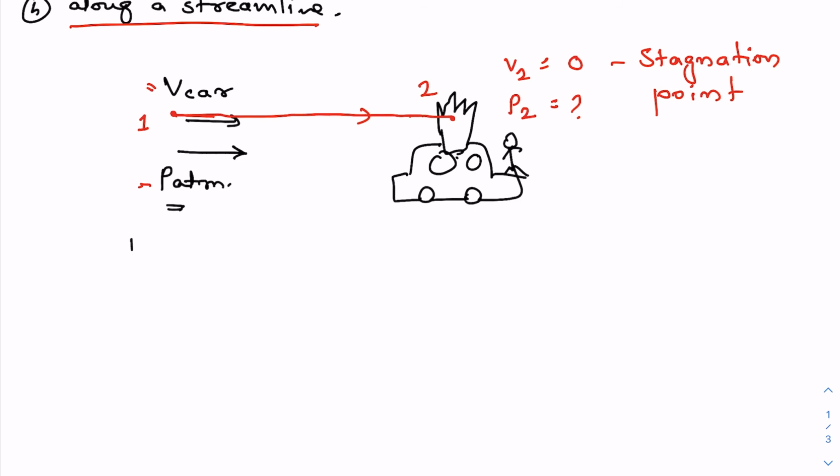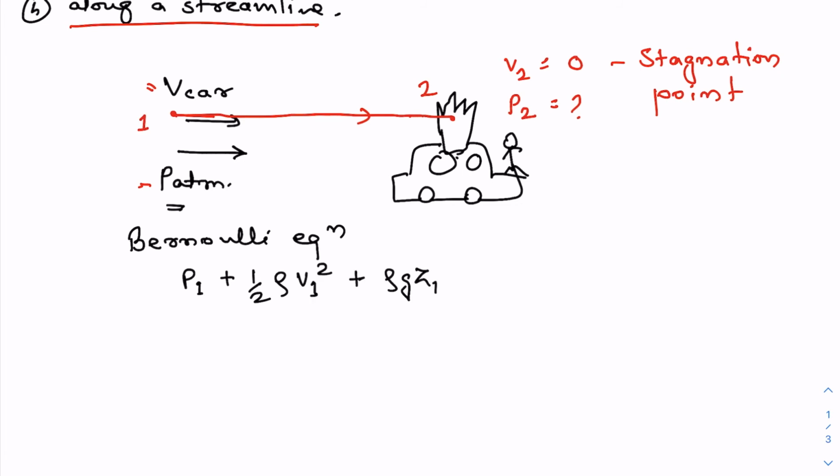So Bernoulli equation tells us that P1 plus half rho V1 squared plus rho g Z1 is equal to P2 plus half rho V2 squared plus rho g Z2.